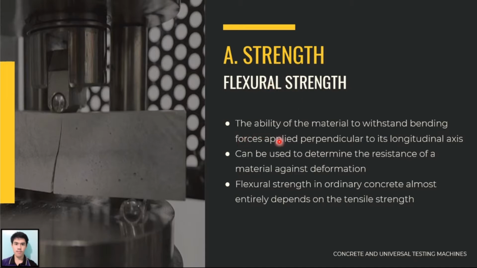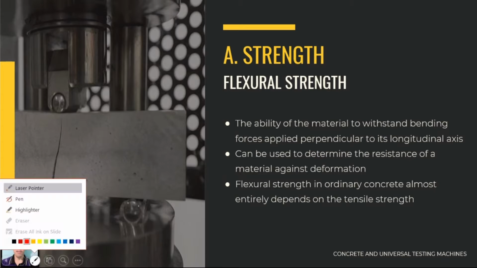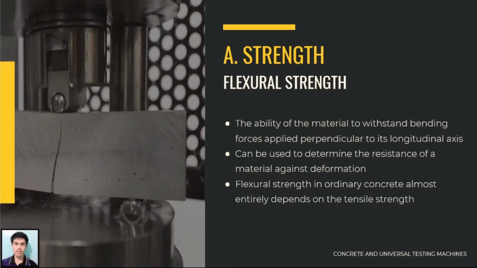It is the ability of the material to withstand bending forces applied perpendicular to its longitudinal axis. It can be used to determine the resistance of a material against deformation. Flexural strength in ordinary concrete almost entirely depends on the tensile strength.